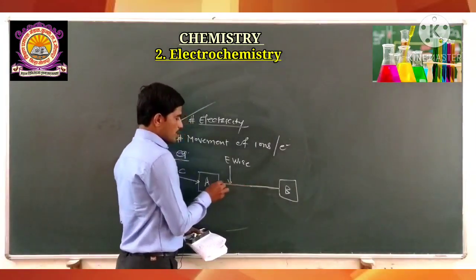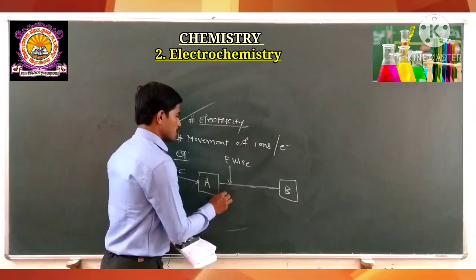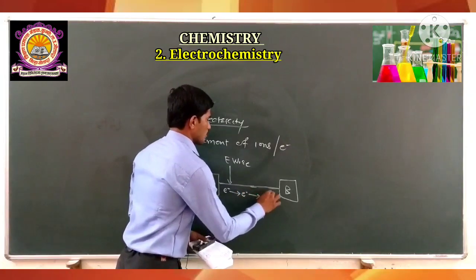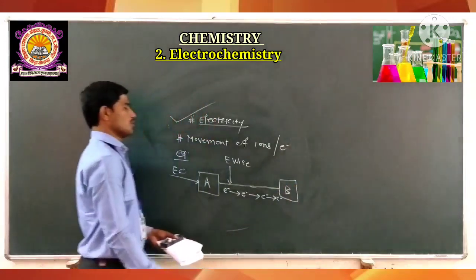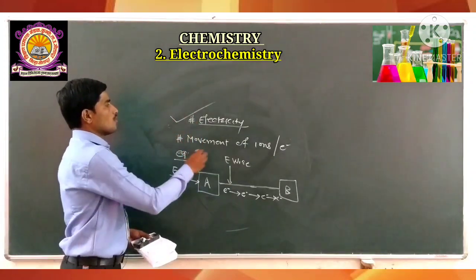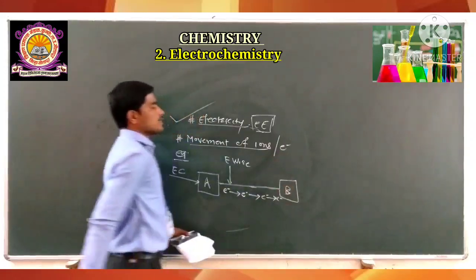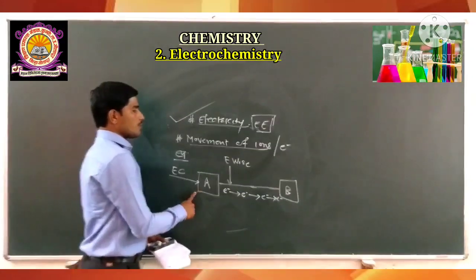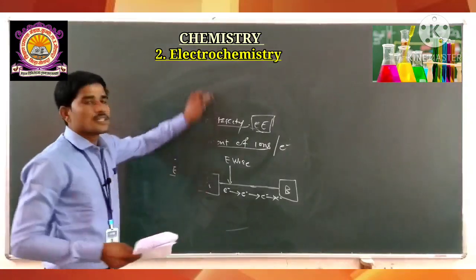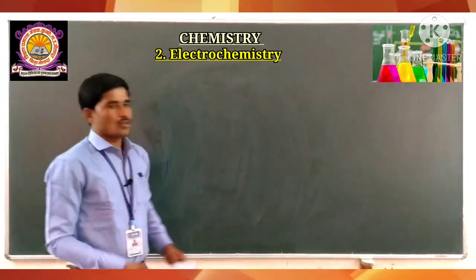In this metal wire the movement of electrons takes place. Electrons are pulled from this position to this position, and finally come into atom B. So when electrical energy is generated, the movement of ions takes place from one atom to another. So we will study the relationship between electrical energy and chemical energy in this topic.